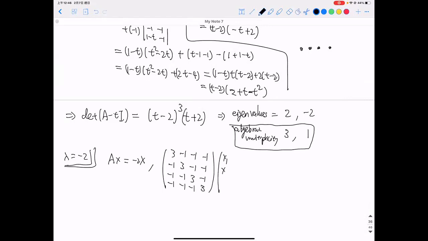This system equal to the zero vector. Okay, and you kind of see immediately there's one solution.